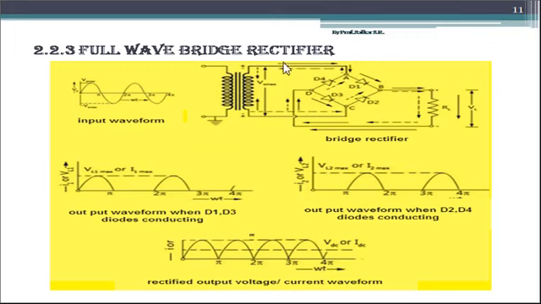Now we will learn how this rectifier operates, or how this circuit gives us the output waveform. Here is the input waveform, which is nothing but an AC signal which is going to the transformer. Now from the transformer secondary, this AC signal will start traveling through this bridge rectifier circuit. Here you can see there are solid line and dotted line arrows.